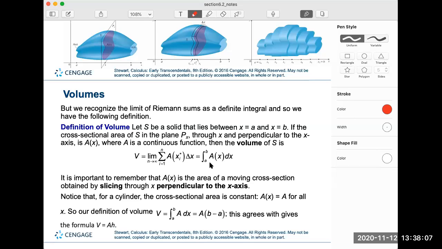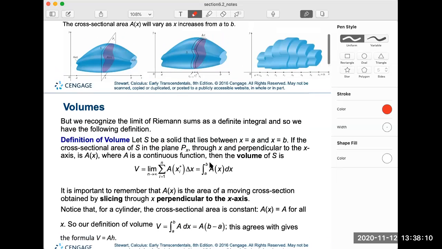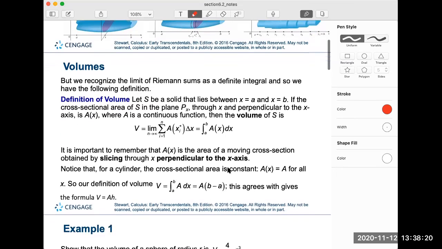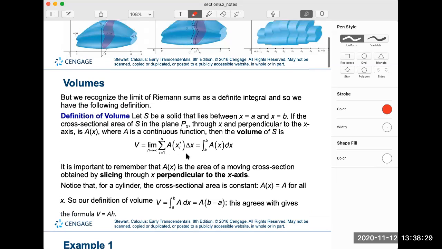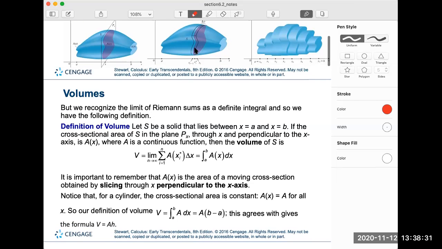So is the idea clear? Similar to the area as an integral. Okay? And remember, the area of the moving cross section is perpendicular to the x-axis here, which is the red area, as you can see here.